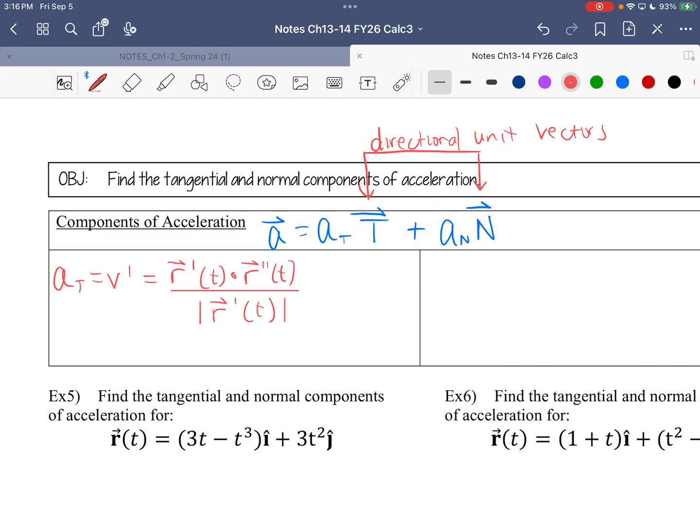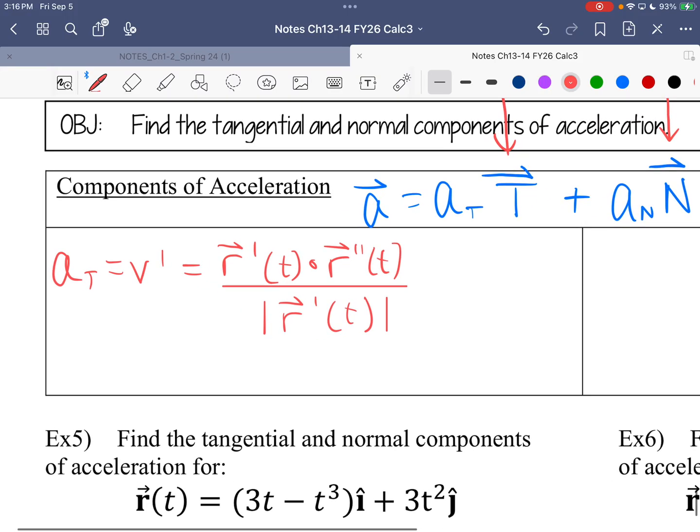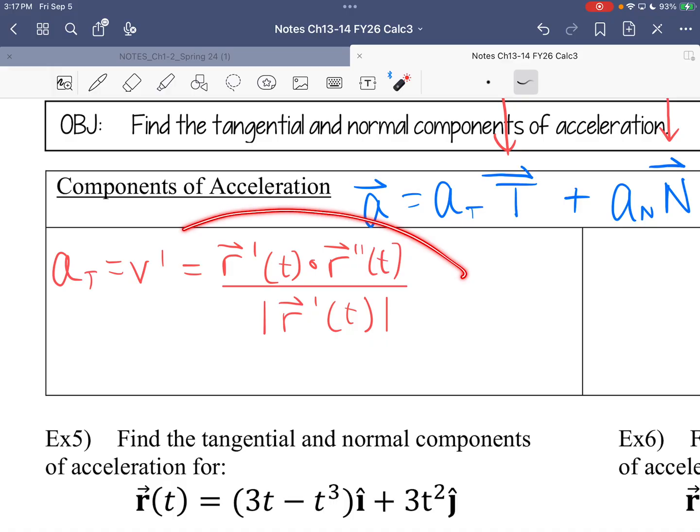What formula does this look like it's doing? Not the unit tangent vector. The unit tangent vector is r prime over the magnitude of r prime. This is the dot product between two vectors over the magnitude of one of them.